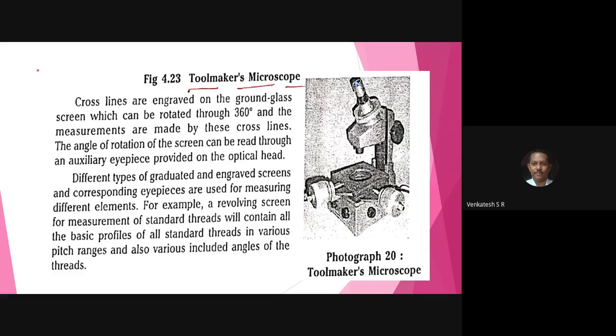Next, the measurement process is very easy, and the answers are very precise and accurate. Next, there is no chance of the thread moving outside or inside the measuring area. And here, the parallax effect is less. Like that, write down 5 applications.